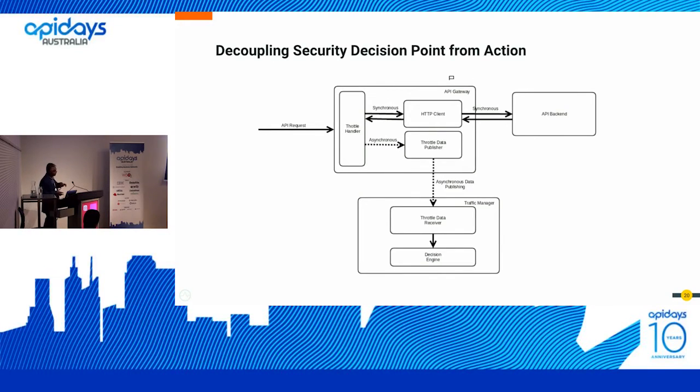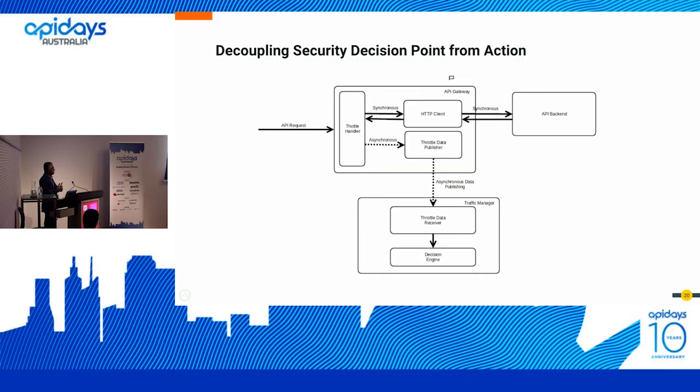This same model applies to authentication and authorization. So what you can do is apply adaptive authentication to the API gateway, where based on the payload and the query parameters, you can change the scope of the security. So you can augment security.